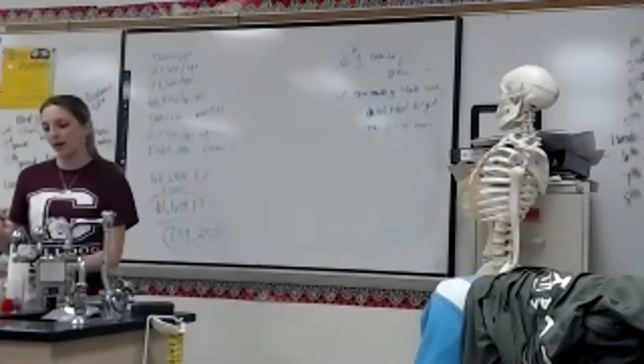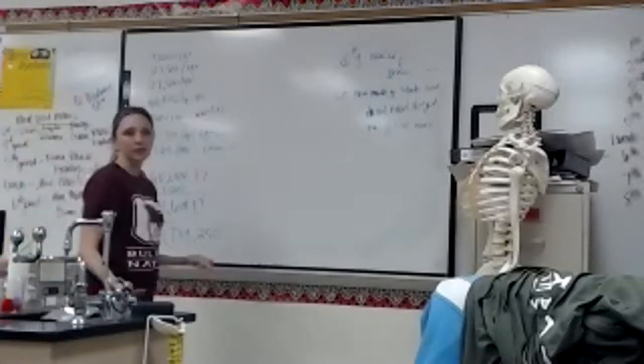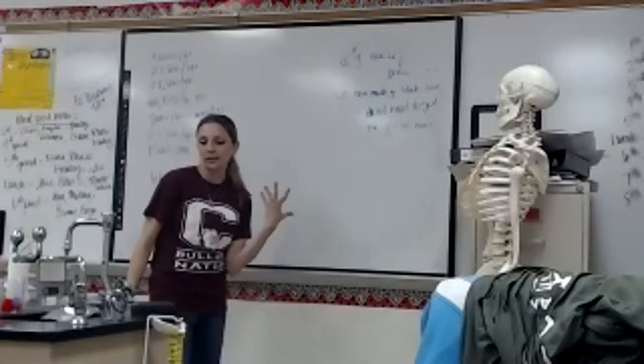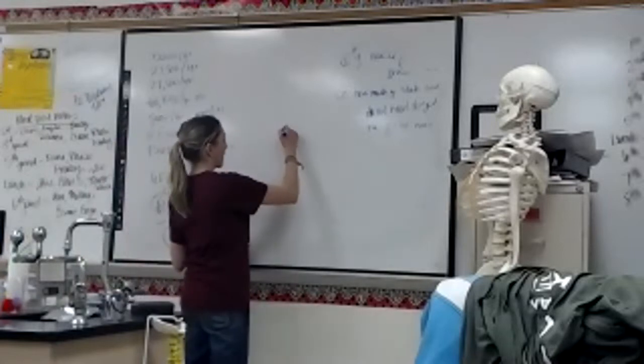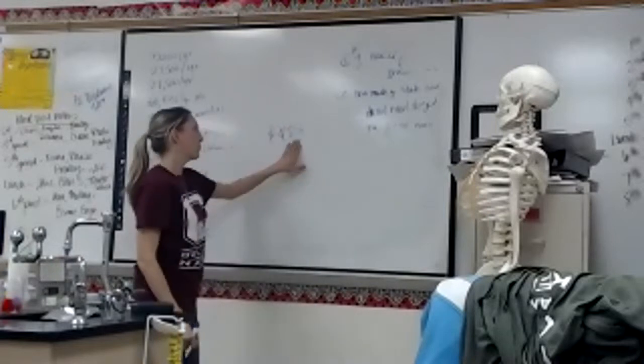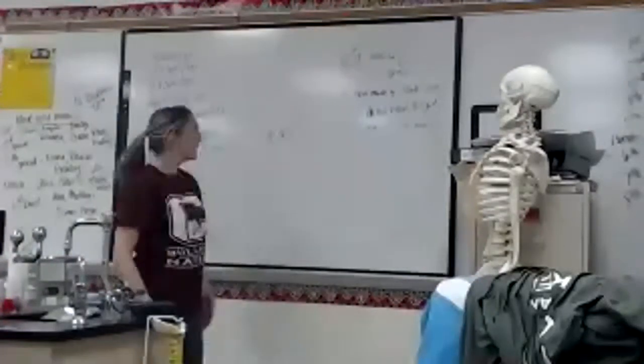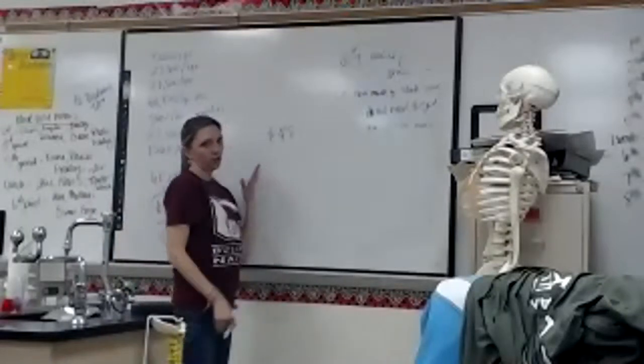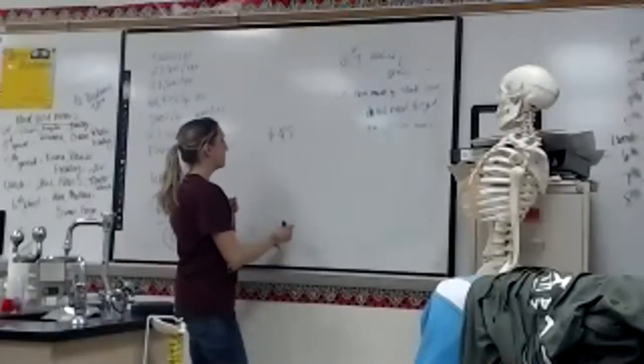Okay, discounts are markdowns. They're going to go just the opposite of that. And you guys know discounts. You probably do them in your head at the store all the time. So let's say we've got a medicine that's $45, and we're going to mark it down 10%. All you do is figure out your 10% of 45.